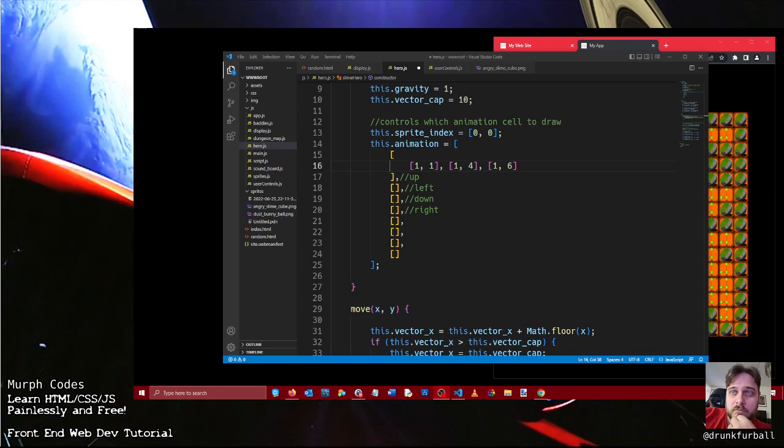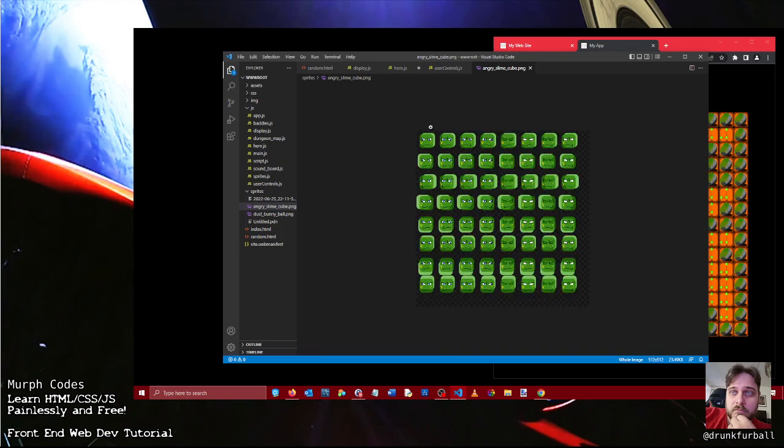Okay, so we start with this. Then we start moving upward. Then we really get moving upward. And then I think I just want it to kind of cycle between these two as he moves upward.